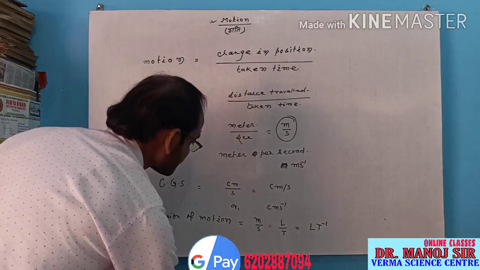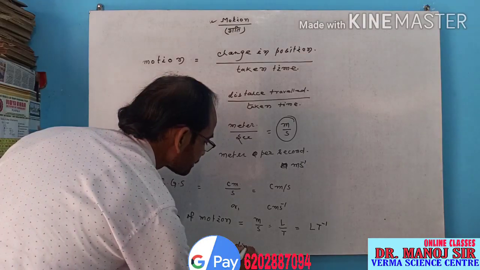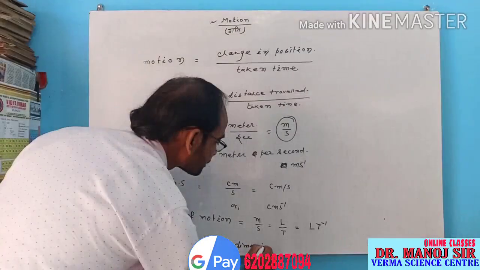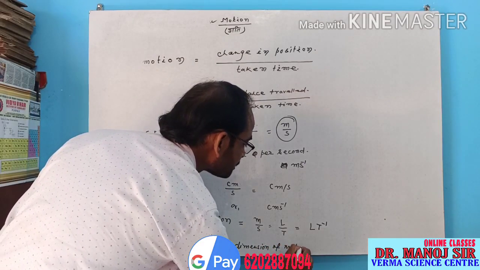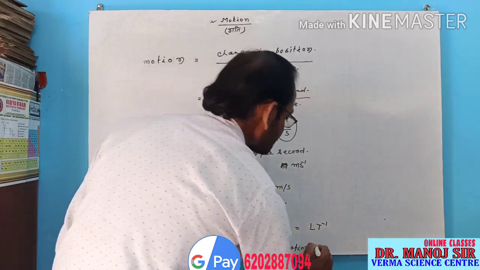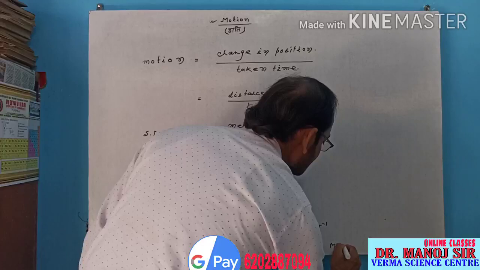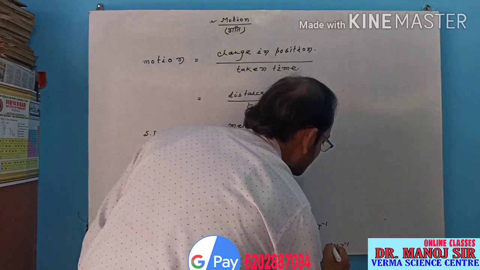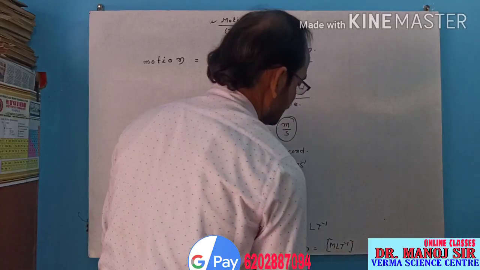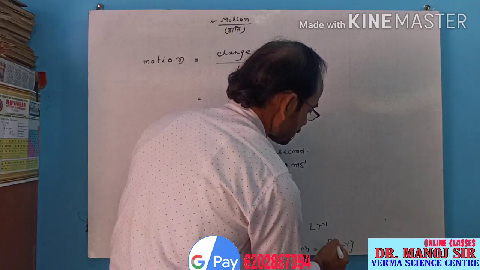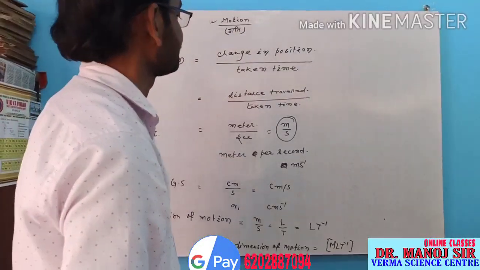Hence dimension of motion is M L T minus 1, where M is not present, so it is M naught L T minus 1.